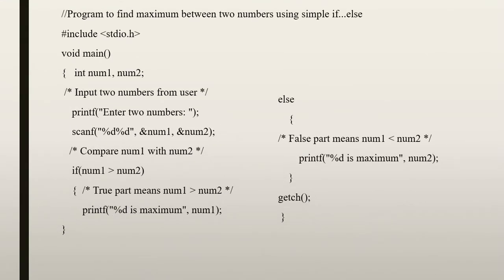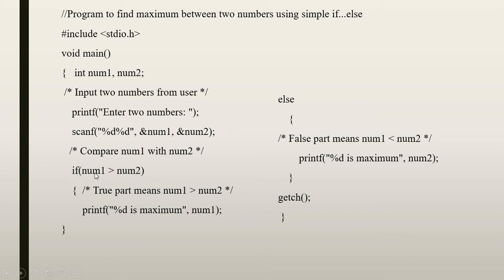First program, that is with the help of simple if else condition. Over here we are using one if and one else. Two different numbers get initialized, allowing the user to enter two different values from the input, and then we are comparing these two variables with the help of if.